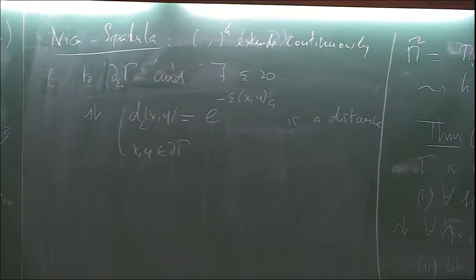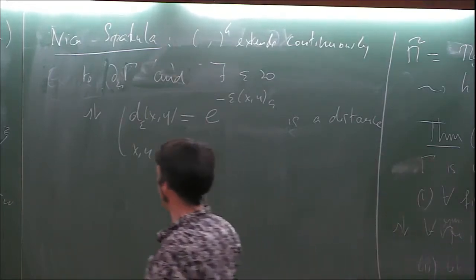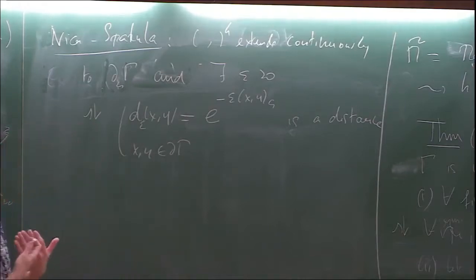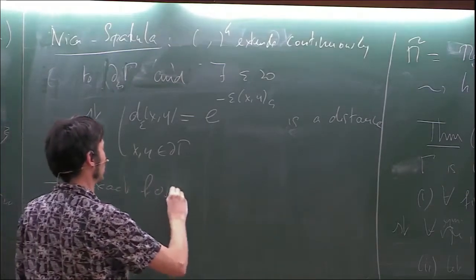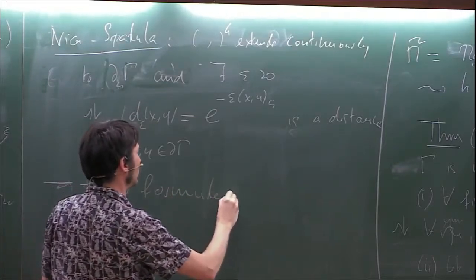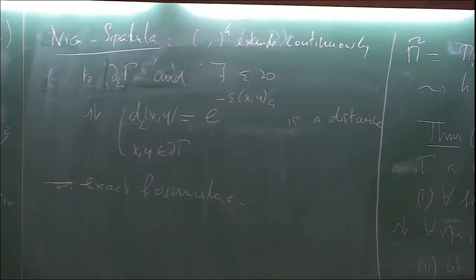In particular, we get exact formulas as if I was in a CAT(-1) space. When we work in hyperbolic metric spaces, usually everything is up to some multiplicative or additive constant, and there they all disappear.